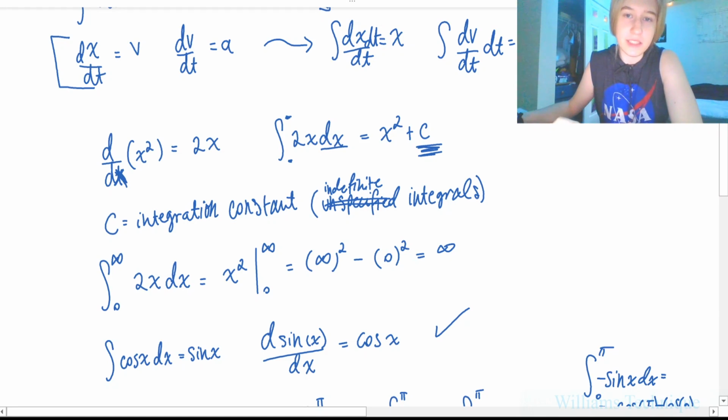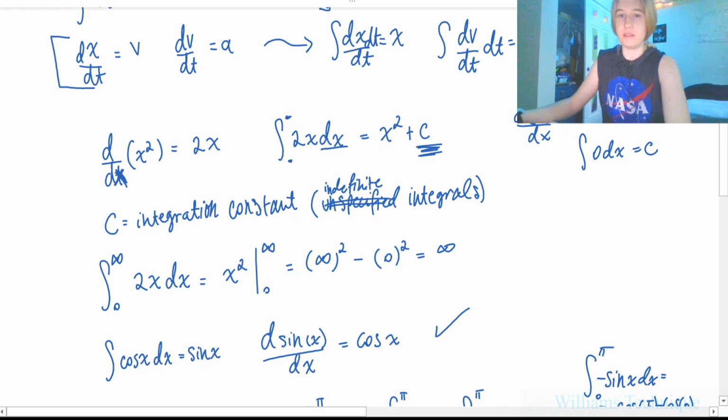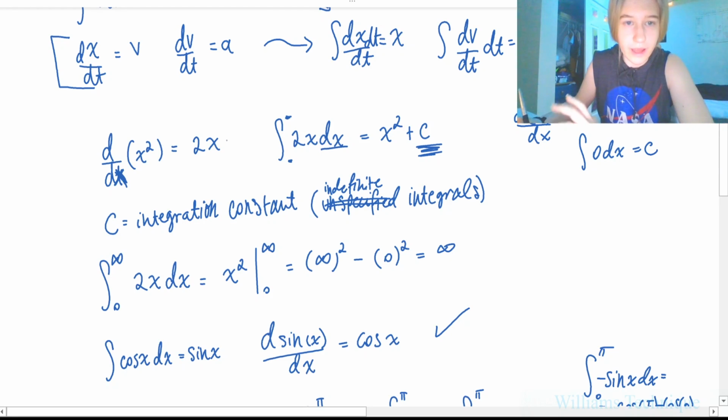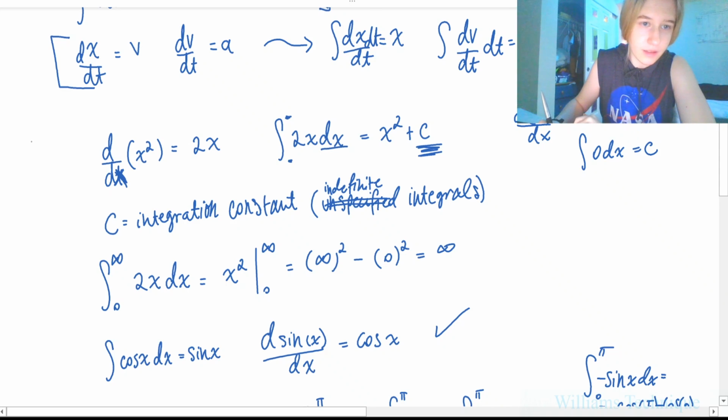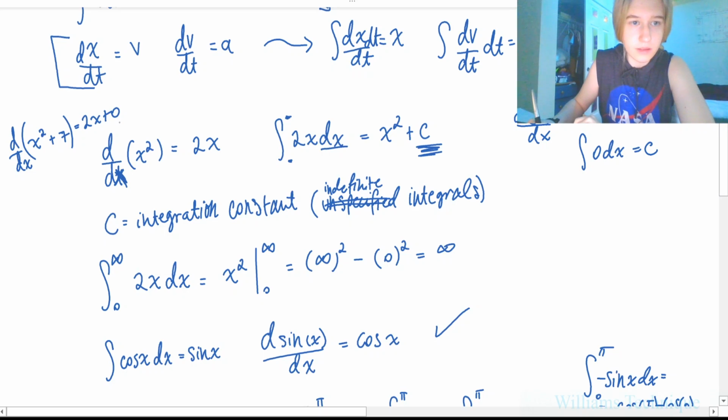It essentially means that if you take the derivative of any constant, it's going to equal 0. But if you take the integral of 0, it's going to equal a constant. So if this was x squared plus 7, and we're taking the derivative of this, then we would get 2x plus 0.